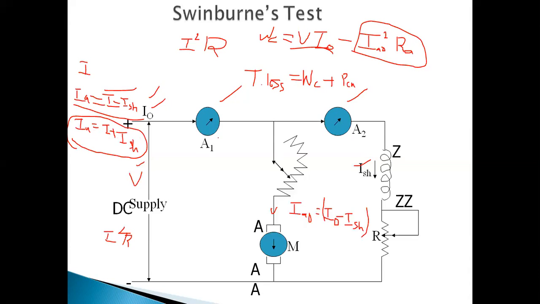Then for the constant losses, whether it is a motor or generator, we subtract these losses and we get the constant losses. Then the total losses are again the constant losses plus the copper losses at the particular load. Then the efficiency of the generator.